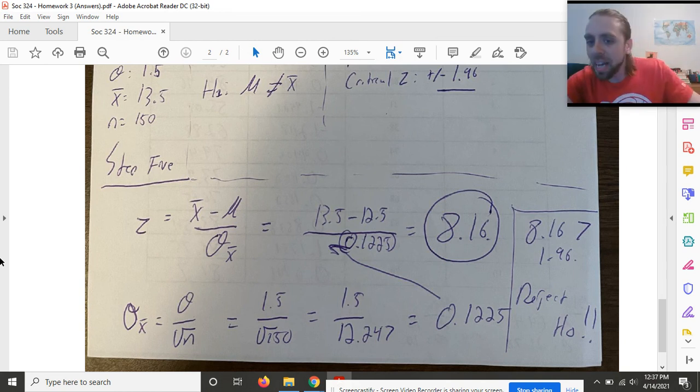So, as I do in class, is 8.16 greater than 1.96? Yes, it is. So with 95% confidence, we reject H0. We reject the null hypothesis and conclude that educational attainment really was different, and greater, in 2020 than it was in 2010. Hopefully we all got there.